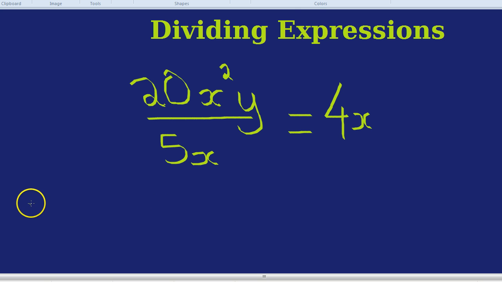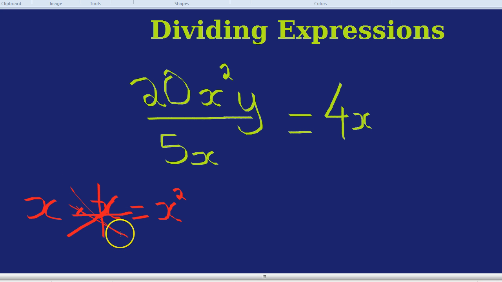Let's draw that out. Imagine like we had x multiplied by x, and that gives us x squared. Well, if we take away one of these x's, which is like dividing by x, we don't have x squared anymore. We just have what's left over, which is x.